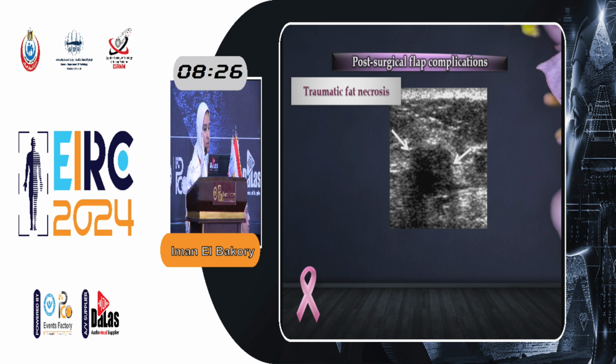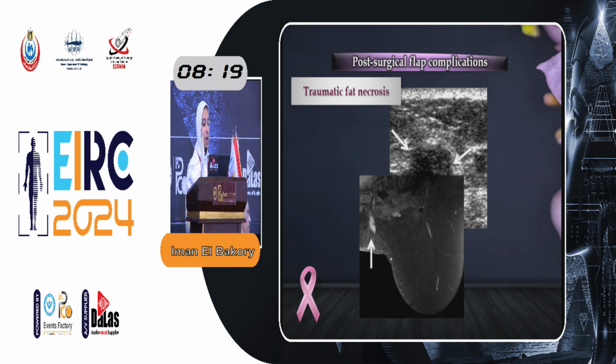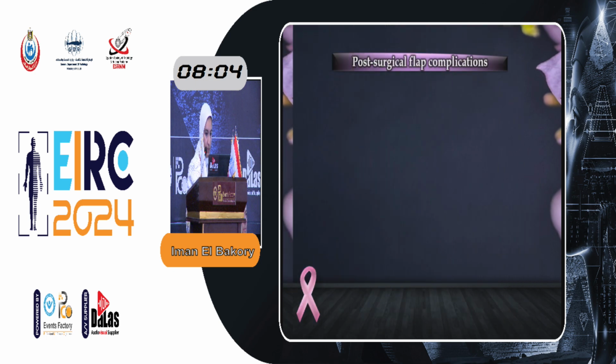It's heterogeneous, maybe irregular, microlobulated, and it can be assigned as BI-RADS 4. And in MRI, we couldn't pick up any macroscopic fat within this lesion, and we have to assign this lesion as BI-RADS 4. Here comes the pathologist's role to detect the microscopic fat that's present within the lesion.